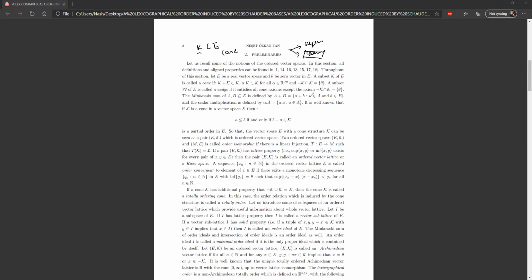But in this case, it is the more geometric way. We only start from a subset of the vector space, and we put some conditions on it, these three conditions. If we have these three conditions, then that means we have a cone.